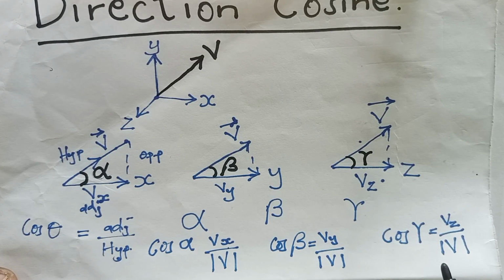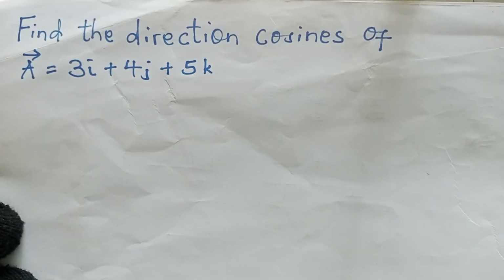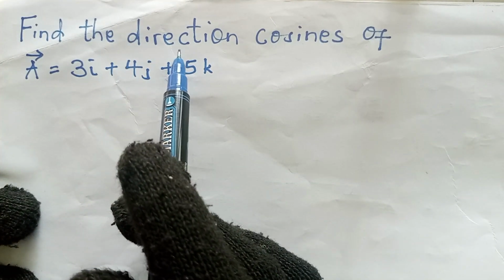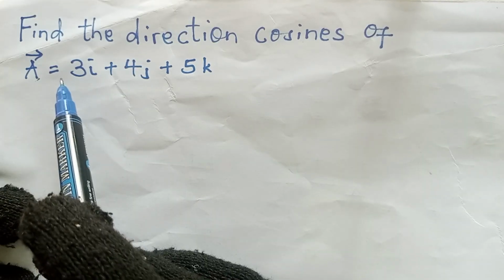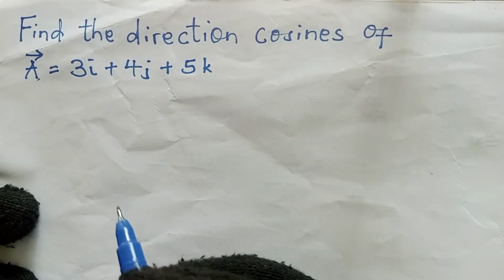Now, let us take a look at a problem. The question reads, find the direction cosine of vector A equals 3i plus 4j plus 5k.